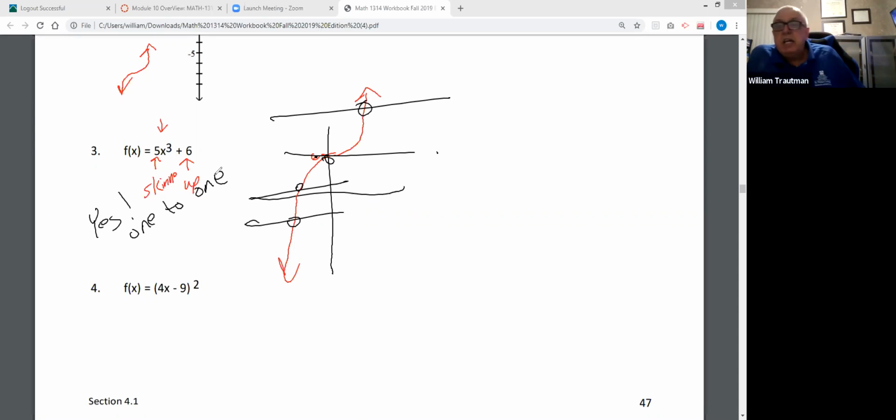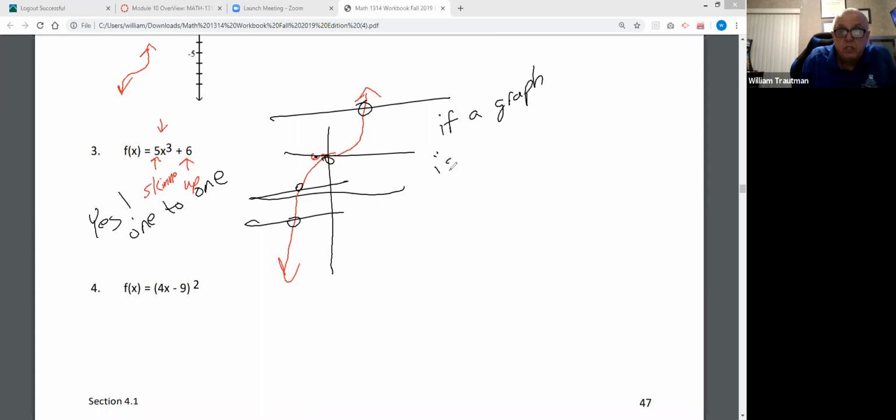By the way, if a graph is 1 to 1, then it has an inverse. So let me write that down. If a graph is 1 to 1, then it has an inverse.